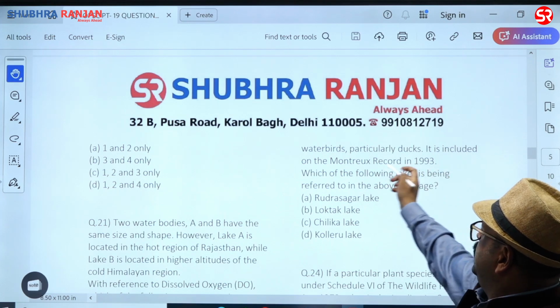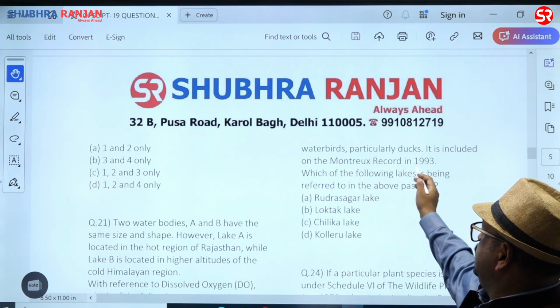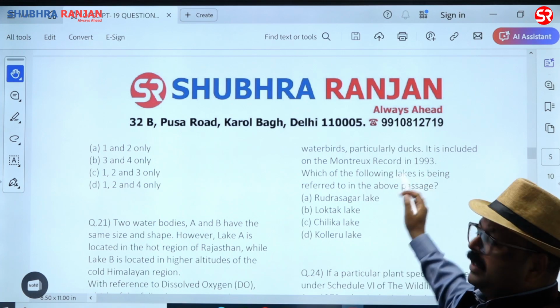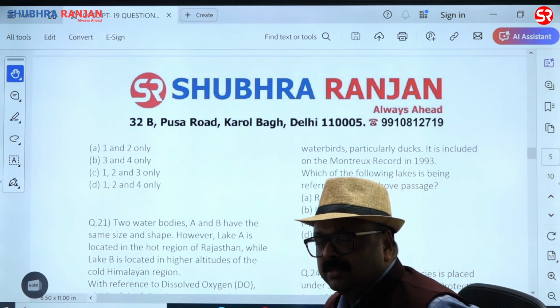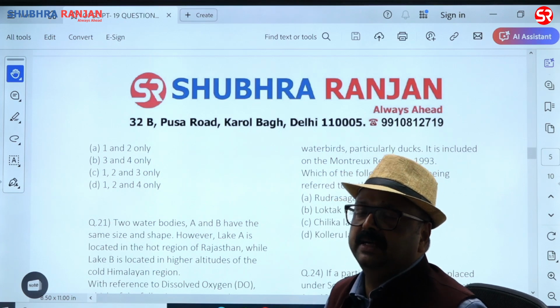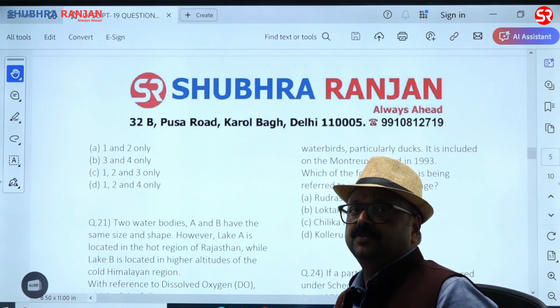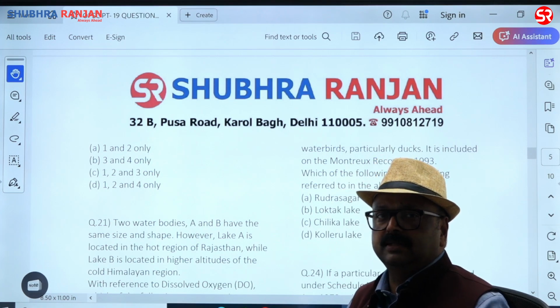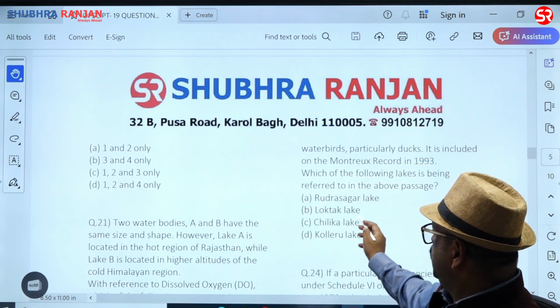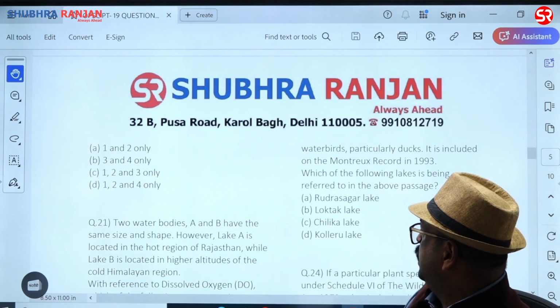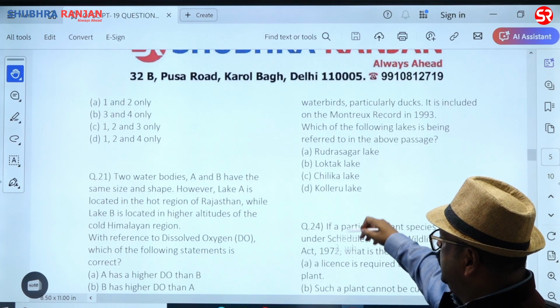It is included in the Montreux Record in 1993. Which of the following lakes is being considered? Sangai deer, also know this, and phumdis, and this is Loktak Lake in Manipur. So answer is 23rd, B, Loktak Lake.